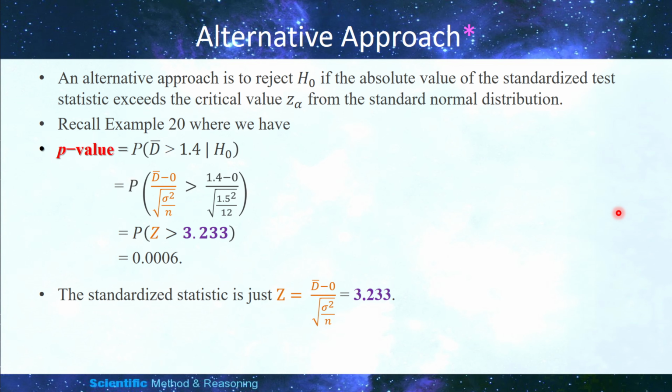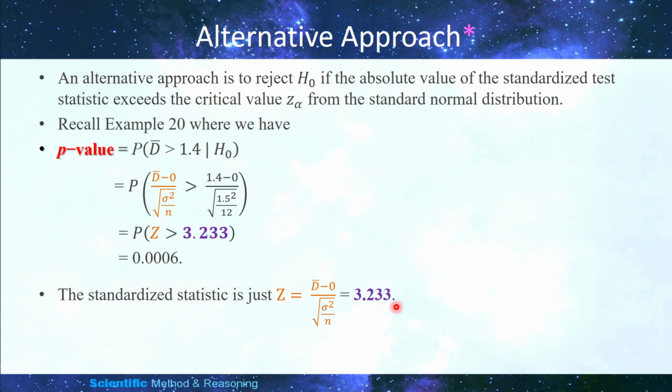Now, an alternative approach is to reject the null hypothesis if the absolute value of the standardized test statistic exceeds the critical value z alpha from the standard normal distribution. For example, recall example 20, where we have the p-value reproduced here. The standardized statistic is just this term, which is 3.233.